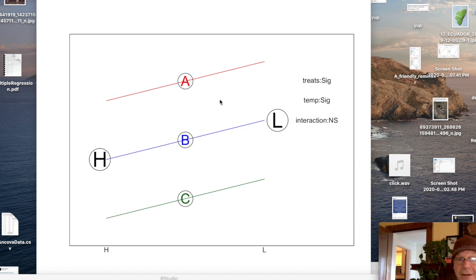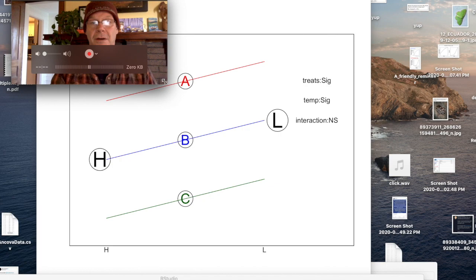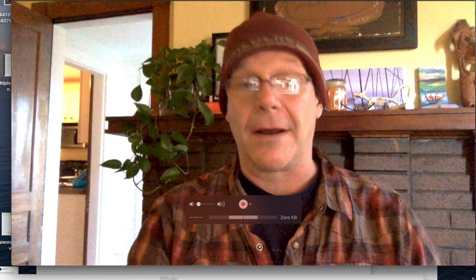A significant interaction term would imply that these lines are not parallel. Here they're identical to one another. The only thing that's changing is the elevation of those lines. So, okay, well, that wraps up our little foray into general linear models.